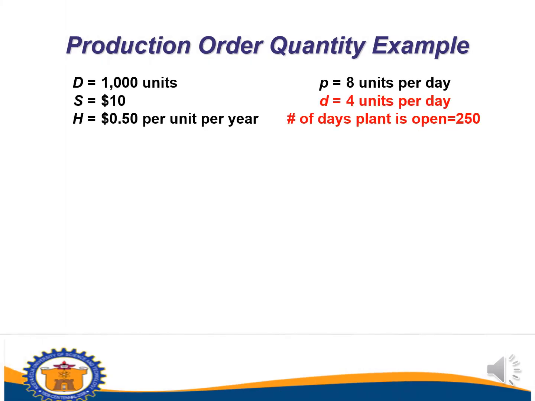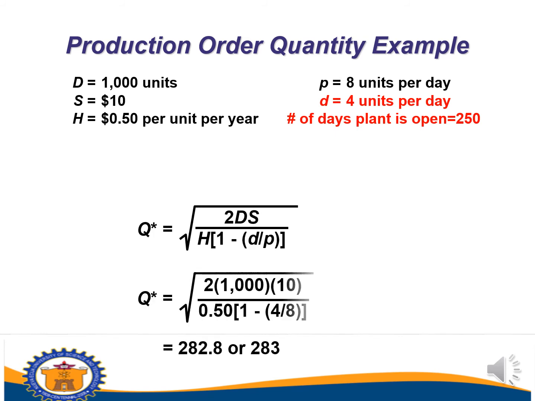Let's have an example. We have here the given data where D is 1,000 units, setup cost is $10, and holding cost is $0.50 per unit per year. The daily production rate is 8 units per day and the daily demand or usage rate is 4 units per day. The plant is open for 250 working days.